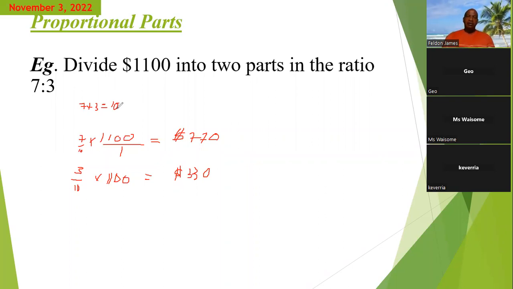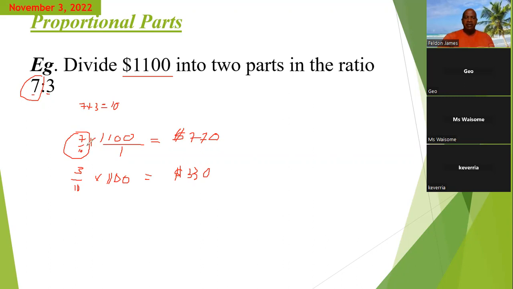Now, if you are going to share the parts based on the 1100, it means that you would now have to write each ratio as a fraction of the 10 parts. So if you write 7 over 10, which is what we have here, and multiply it by what we are sharing, it means that we will get that fraction of the 1100.